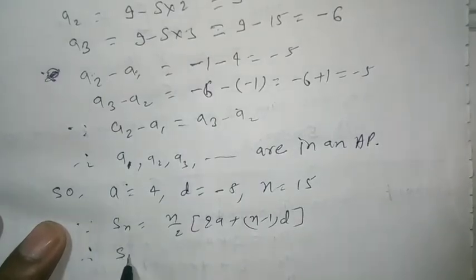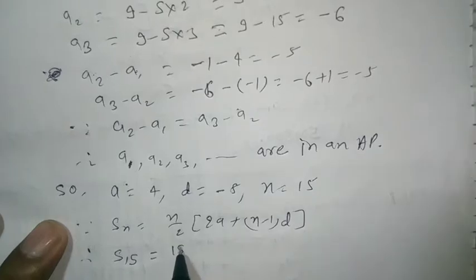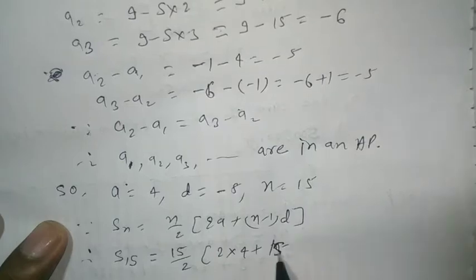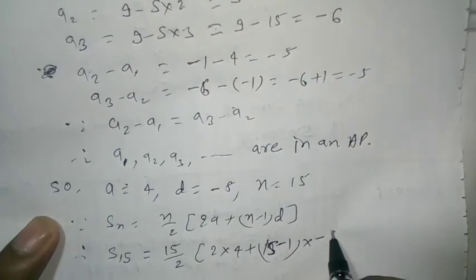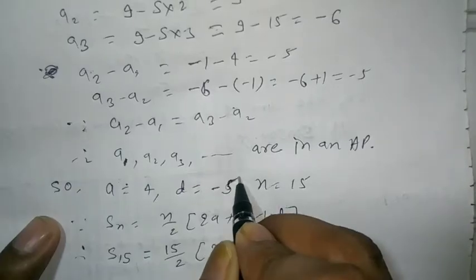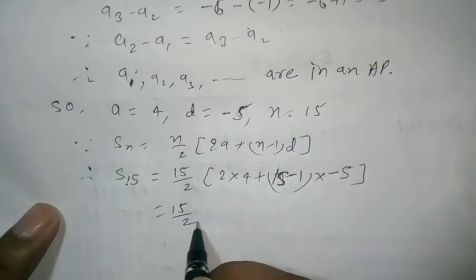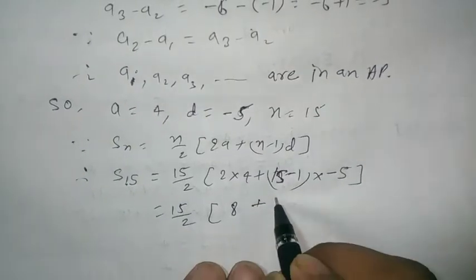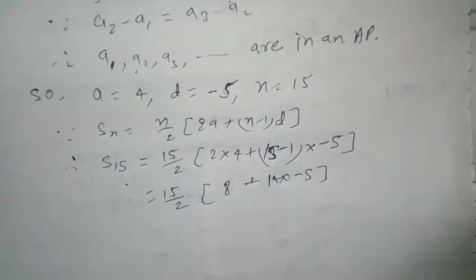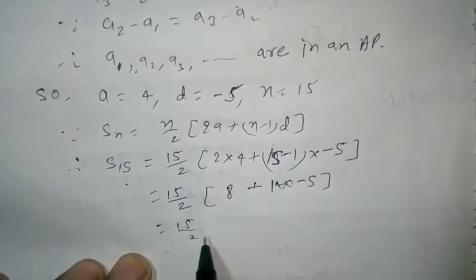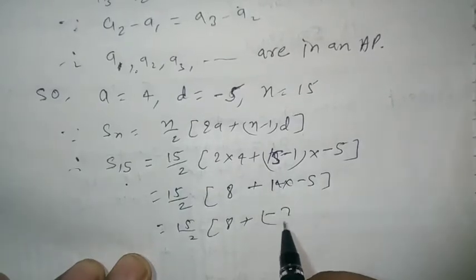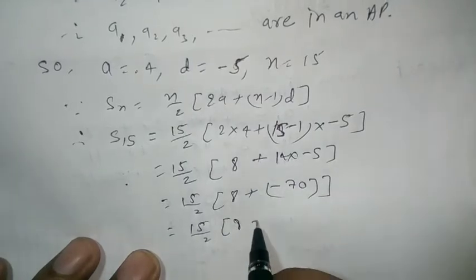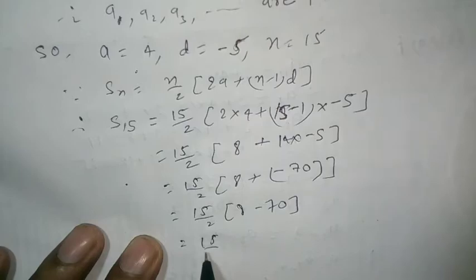Therefore S15 is equal to 15 by 2 into (2 into 4 plus (15 minus 1) into minus 5), is equal to 15 by 2 into (8 plus 14 into minus 5), is equal to 15 by 2 into (8 plus minus 70), is equal to 15 by 2 into (8 minus 70), is equal to 15 by 2 into minus 62.